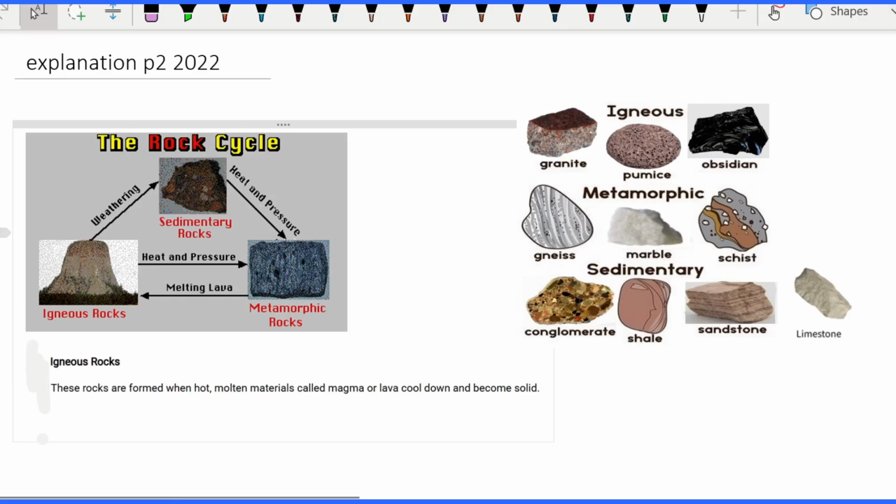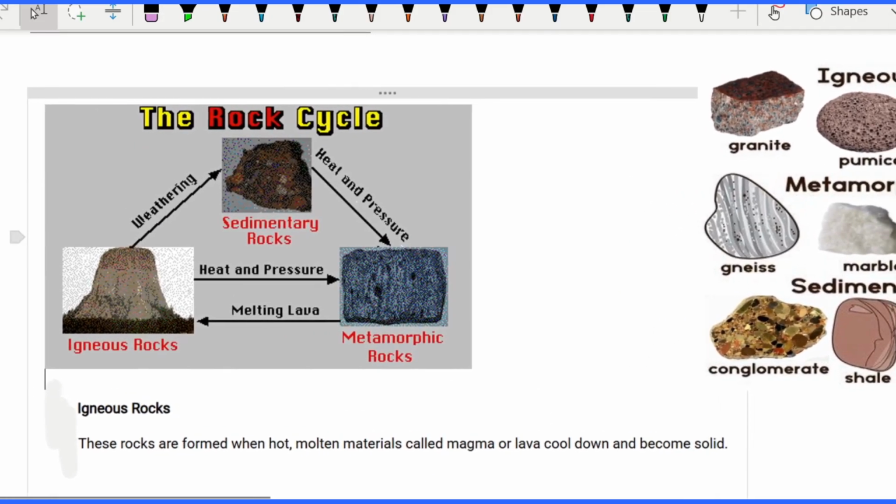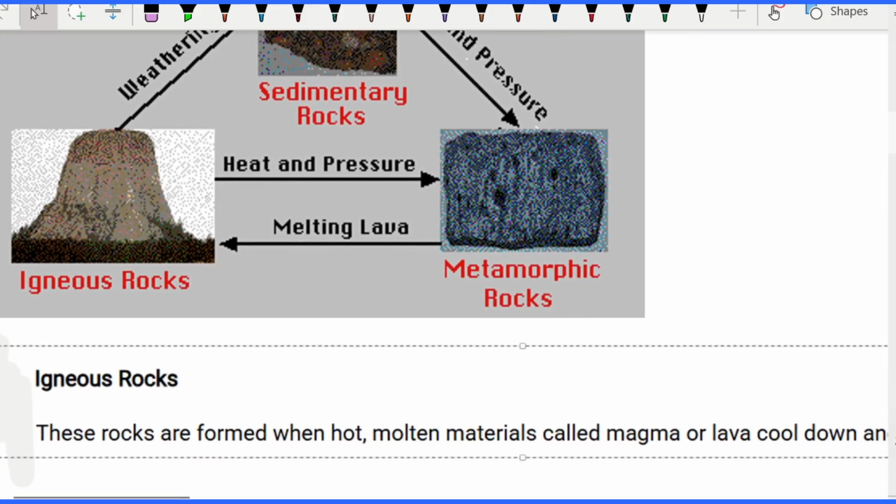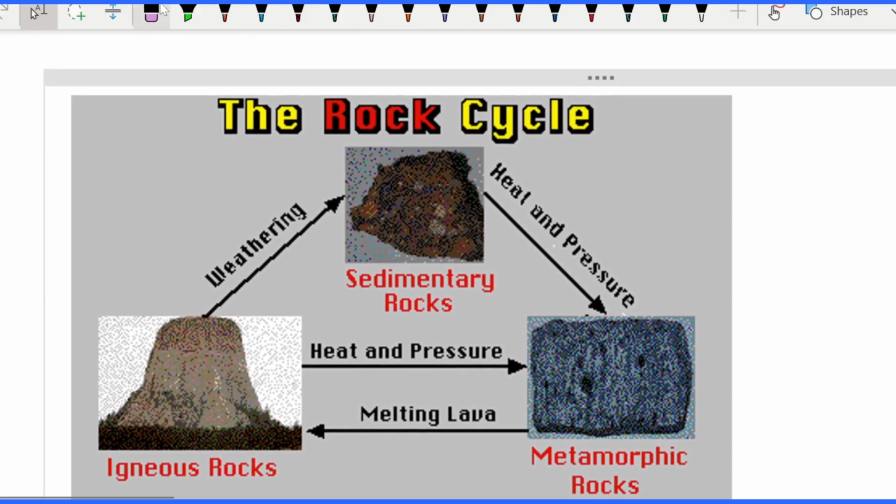So to sum up this question number 5 about rocks, we review again. This is the rock cycle, where igneous rock by the weathering process is formed into sedimentary rock, and sedimentary rock with heat and pressure will form metamorphic rock.